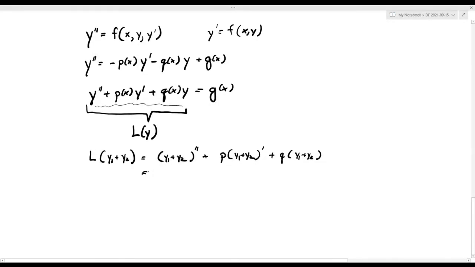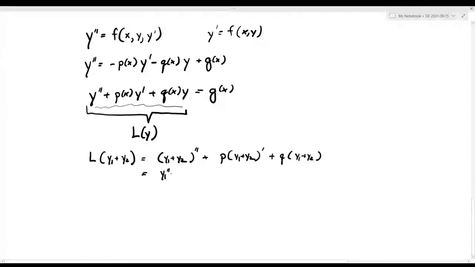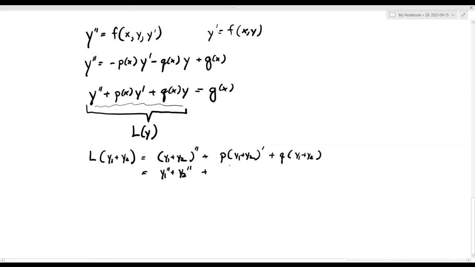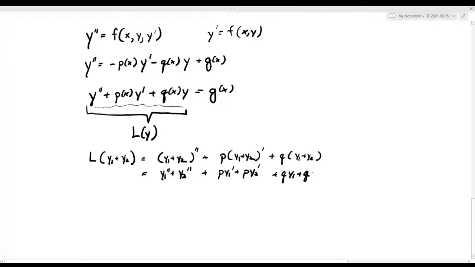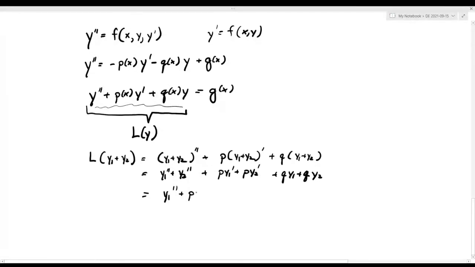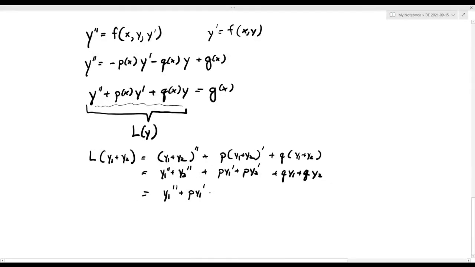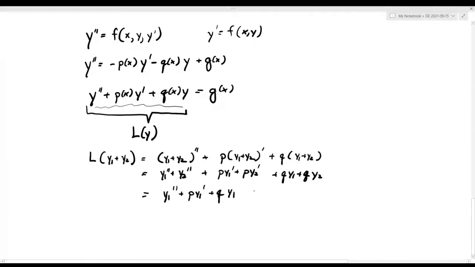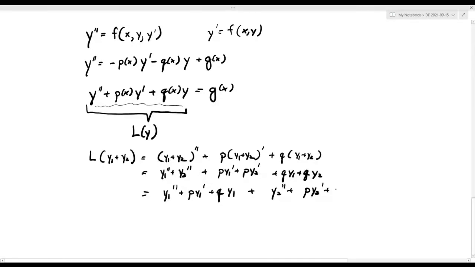By the linearity of differentiation, and you can distribute as well, rearranging, we see that this is the linear operator acting on y1 plus the linear operator acting on y2.